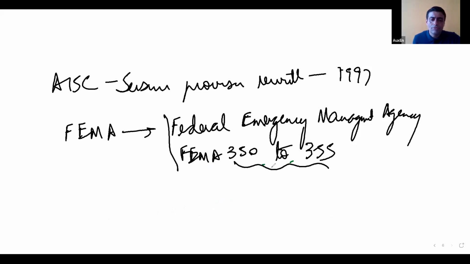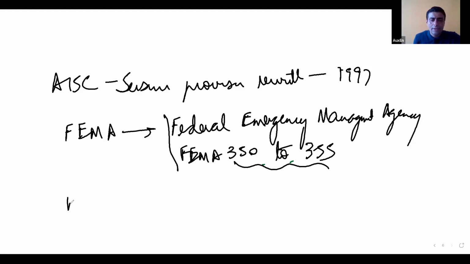All these series of codes that FEMA came up with talked more about steel structures. Why am I focusing on steel structures? Because that is the topic of our course. And why was a lot of work done in steel structures? Because the 1994 earthquake showed that the steel structures did not behave as per expectation. So a lot of work was carried out.